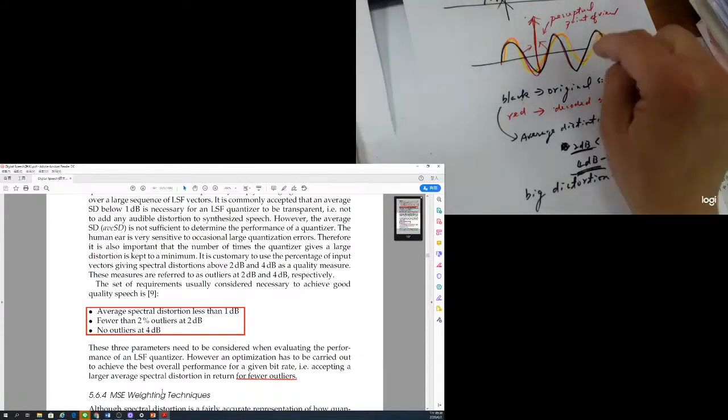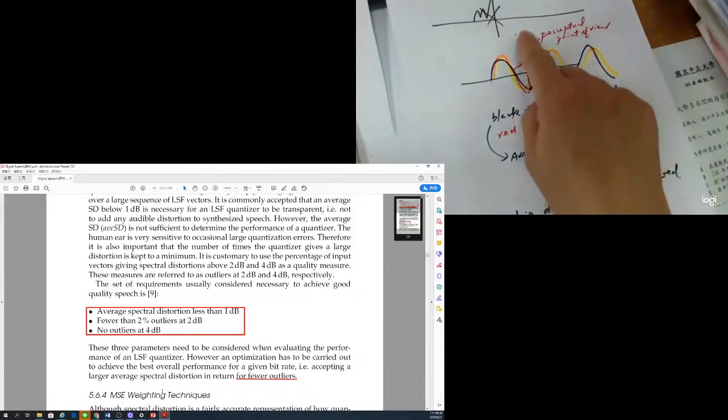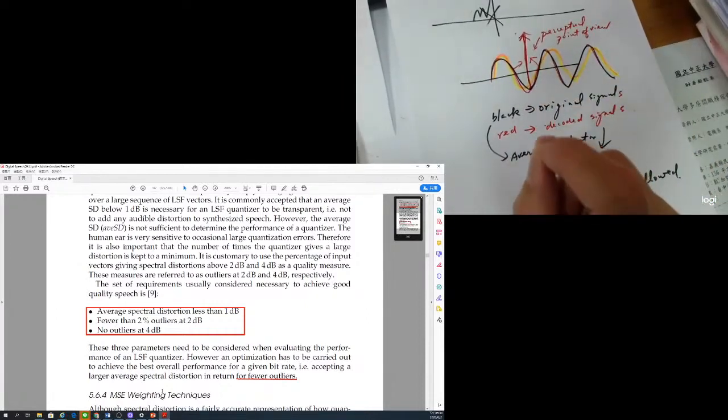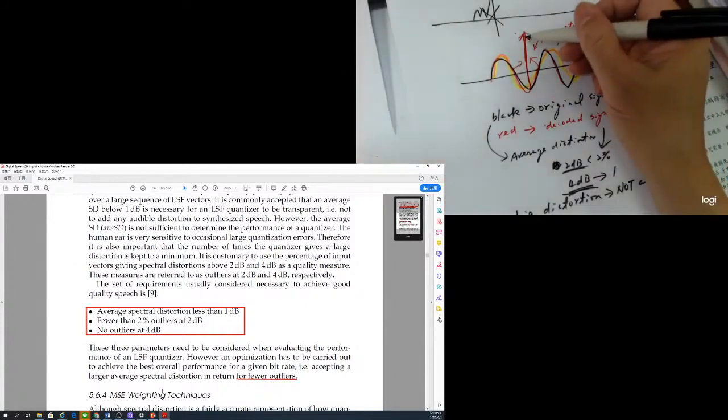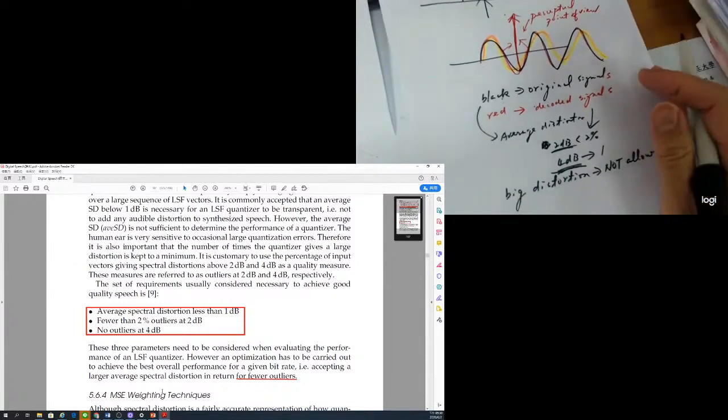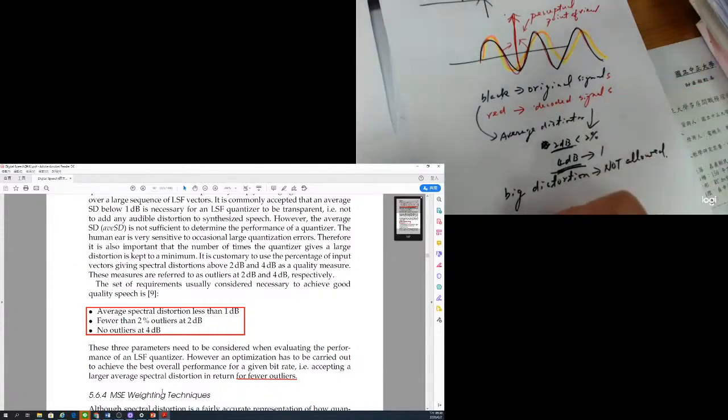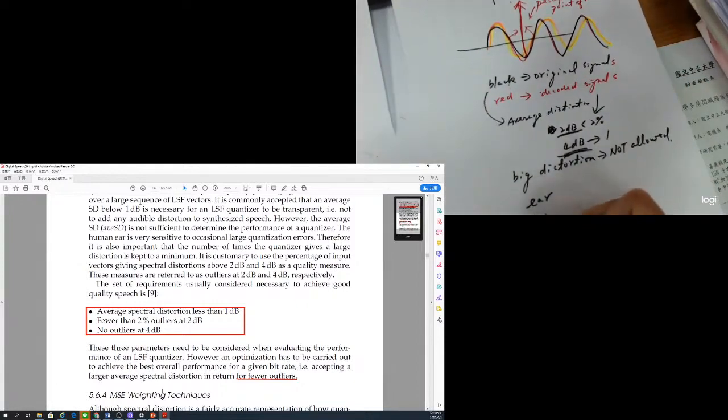Why? Because of the perceptual point of view. Big noise, just one point with a big difference, human beings will be sensitive to this distortion. So if we compare your ear and eye perception, ear perception is sometimes better than eye perception.